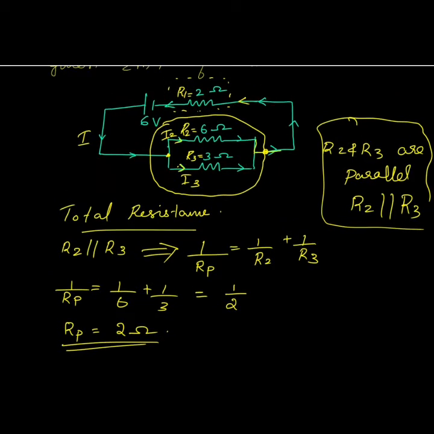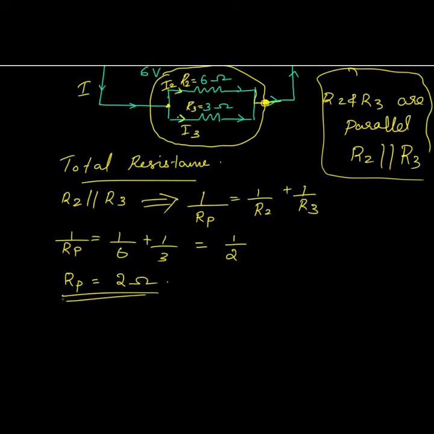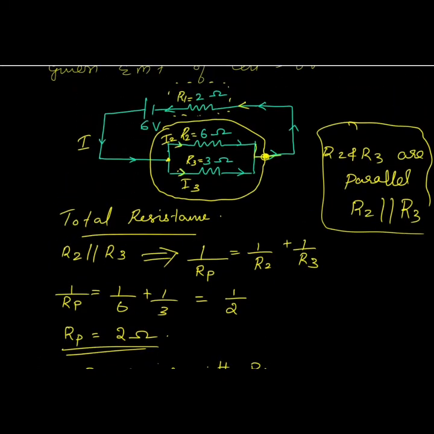Now this 2 ohm is in series with whom? With R1. Okay, so we can write, if there is any confusion, you can write RP in series with R1, isn't it?